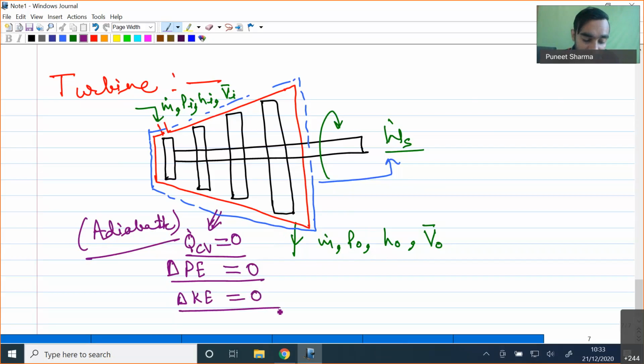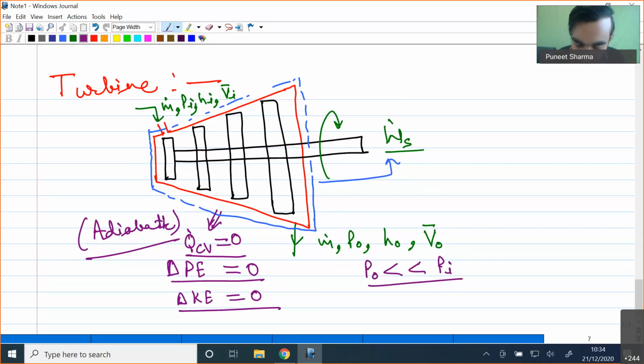Because the majority of the work we obtain from the turbine is at the expense of its pressure. So the main responsible factor is pressure. Pressure at outlet will be very, very small in comparison to the pressure at inlet. As pressure is already accounted for in our enthalpy term, the change of enthalpy will be significant. However, the change of kinetic energy will be very, very small.